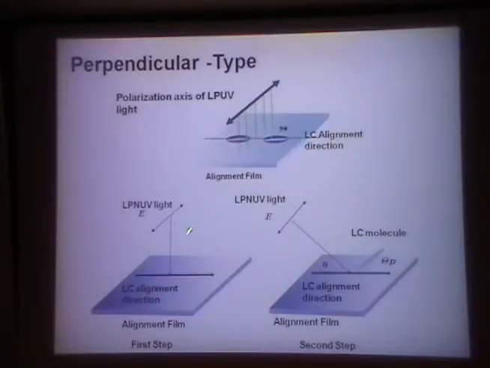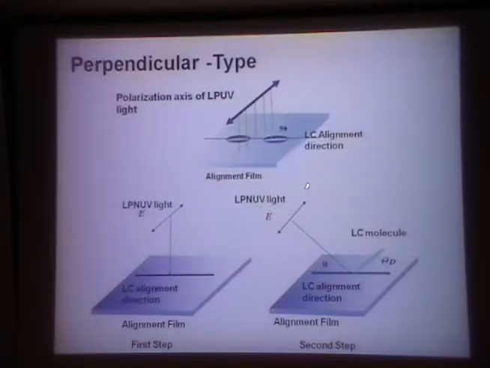So in order to achieve the necessary pretilt angle, you have to take a two-stage process. One is the initial irradiation from the normal direction of linearly polarized UV light that dictates the direction of orientation this way. Up to this point, there is no pretilt angle because of the symmetry.